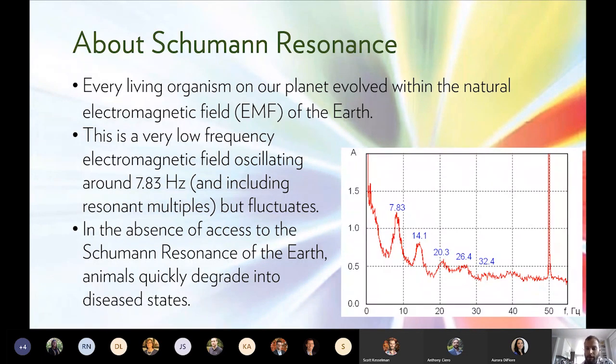What's interesting, actually before that, you see a huge spike there at 50 hertz. That is from the combined radiation emanating from electric power grids around the globe. So that didn't exist 500 years ago. There was no spike there at 50. We were just all basking in the Earth's natural Schumann resonance.